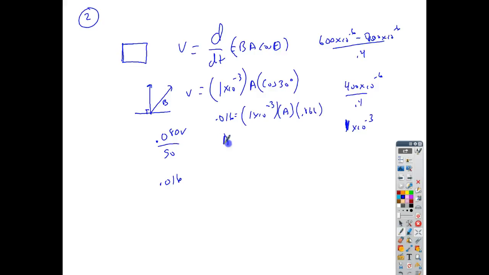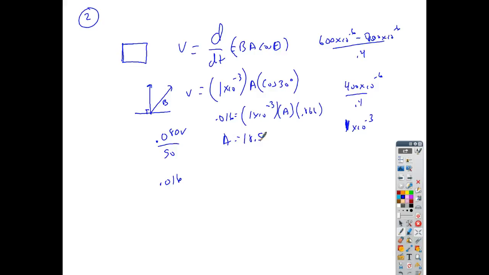I got the area of my loop is really big. Has anybody got a really big number? Well, that's volts per loop. 18.5 is the area of my loop, right? Is that right? Oh, I got 0.184. What did I do wrong?